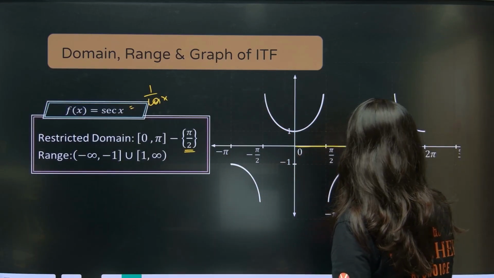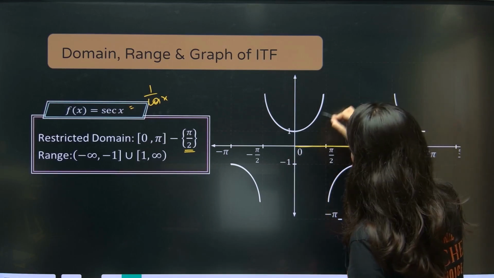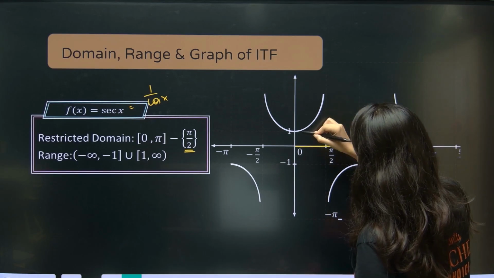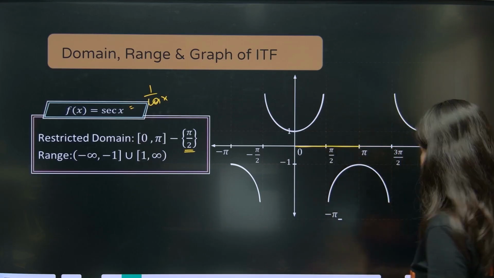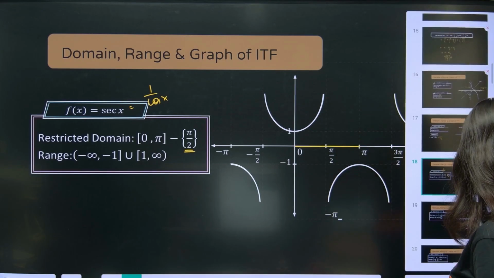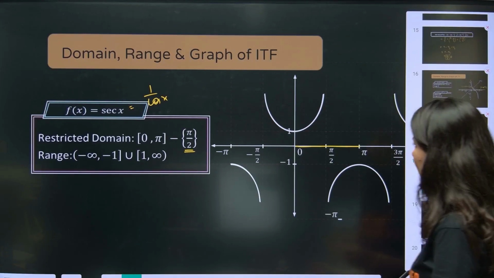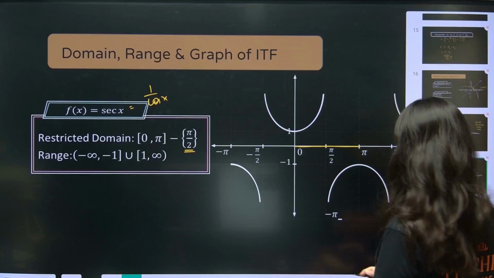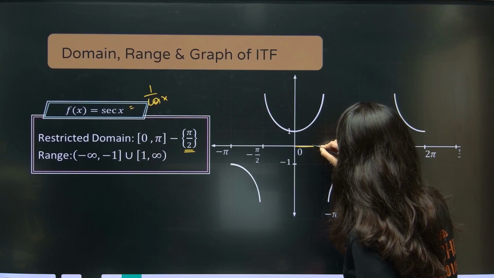So my graph of sec inverse x will be in 0 to pi. This is like this over here. Now if you take the y equals x mirror image, it will look like this. There will be 1 over here and it will look like this.